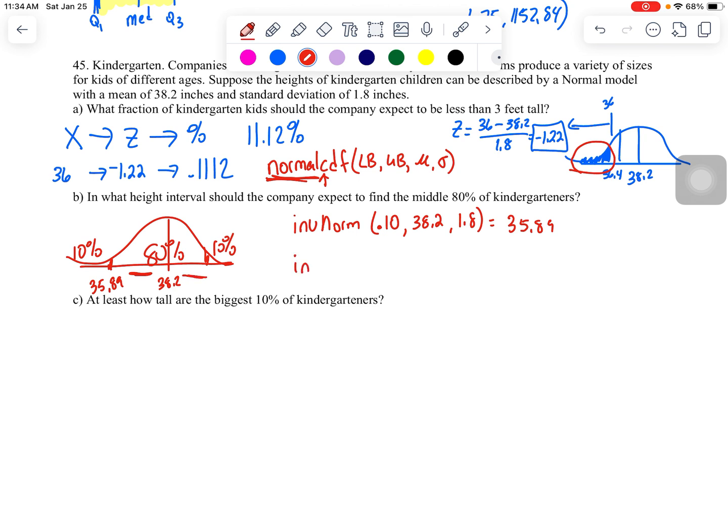I am going to take 36 minus my previous answer, and that is 0.106, and now I'm going to add that on to 38 point. Why did I take 36?